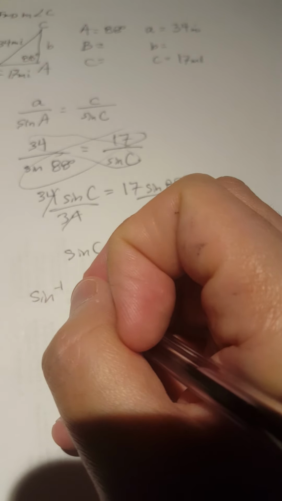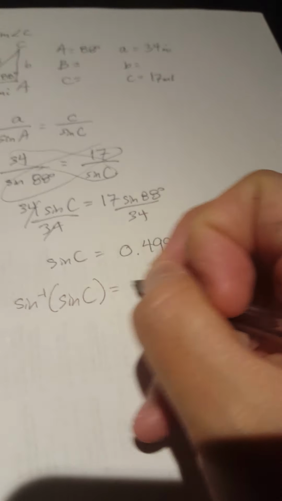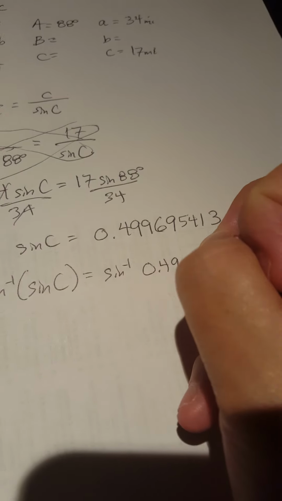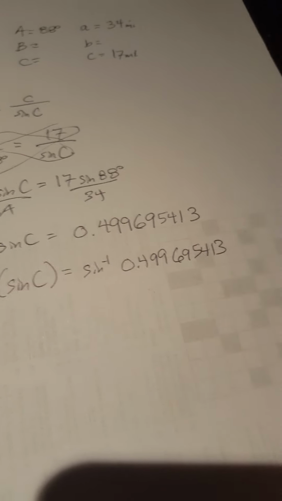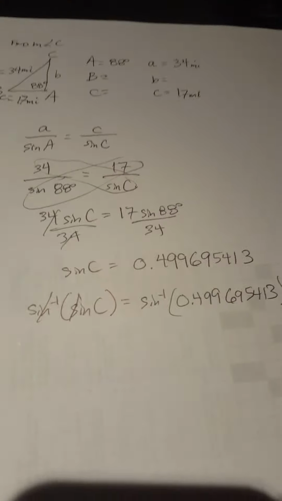So I'm going to say inverse sine of sine C is equal to the inverse sine of 0.499695413. Okay, so inverse sine cancels sine.